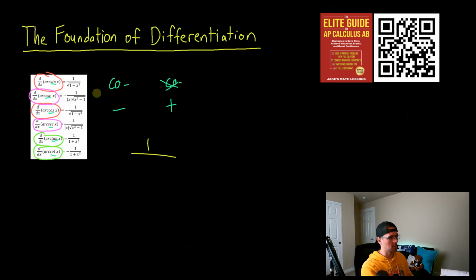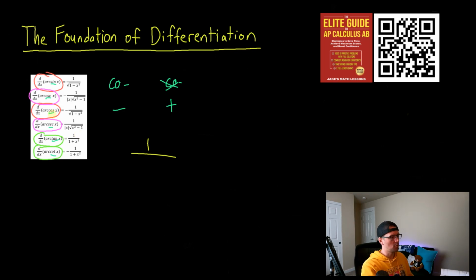For remembering the denominator, the only other thing to point out, I think, is they're all going to have x squared and 1 in them. It's just figuring out if it's x squared minus 1, 1 minus x squared, or x squared plus 1. Those are really your options there. There's going to be an x squared and a 1, and you're going to either add or subtract them. Then it's just remembering the order from there.